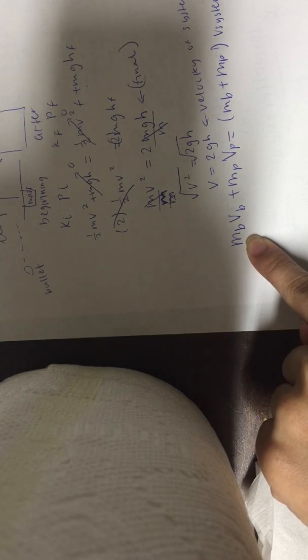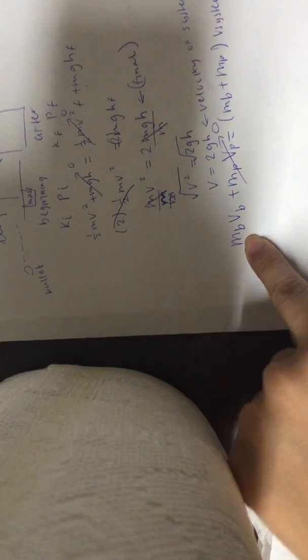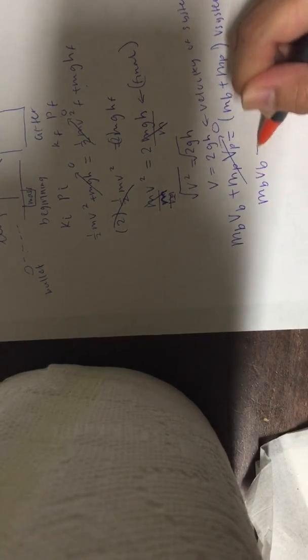So this will be 0 because the bullet will hit the pendulum, it will swing upwards. So that will be 0. So that will be canceled to 0. So what you have is mb vb equals mb plus mp v system, divided by mb.